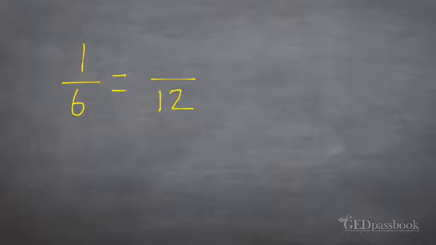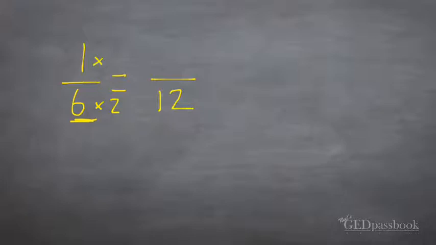ask yourself this. What did you multiply this 6 by to create that 12? 2. Do you see why? Yeah, we're multiplying. If we multiply this 6 by 2, that's how we get our 12, right?